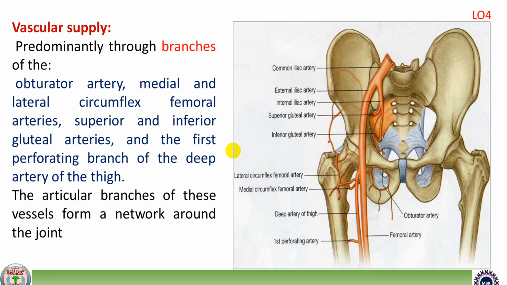Regarding the vascular supply, it is predominantly through branches from the obturator artery and the medial and lateral circumflex femoral arteries, which come from the profunda femoris artery, and the first perforating branch of the deep artery of the thigh, which we said is called the profunda femoris artery. The articular branches of these vessels form a network. We see the main blood supply comes from the medial and lateral circumflex arteries, mainly the medial circumflex artery, and both of them come from the femoral artery via the deep artery of the thigh, or profunda femoris artery.